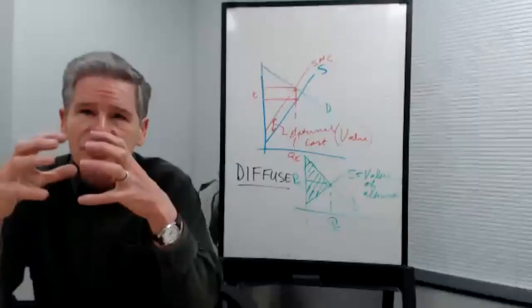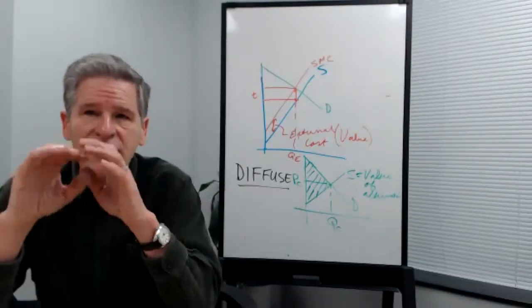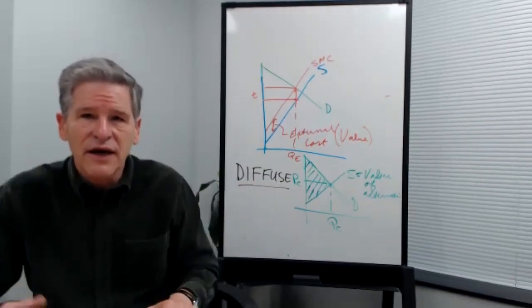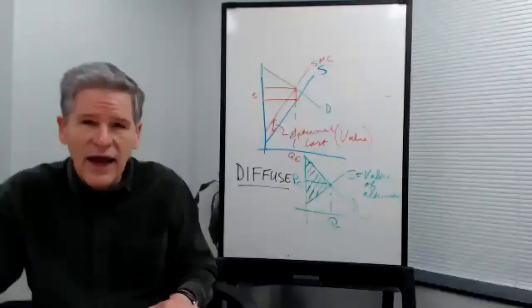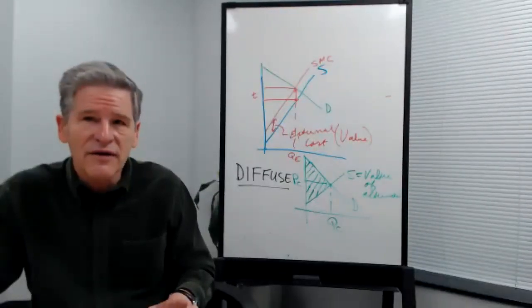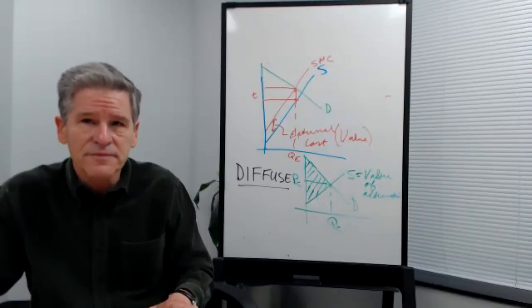So what you have is concentrated benefits and very diffuse costs, and that explains both things like sugar price supports, and it also explains the capture theory of regulation and other public choice kinds of issues.